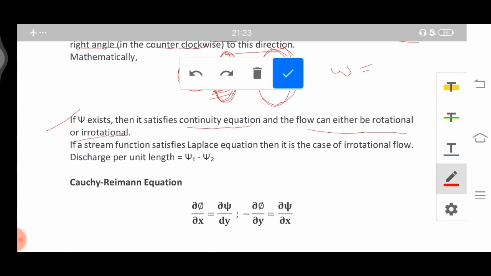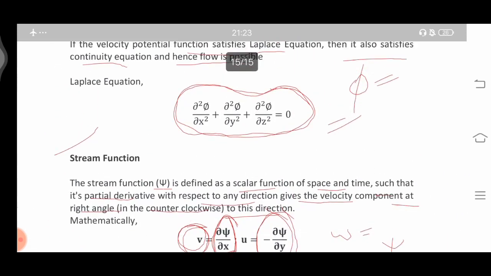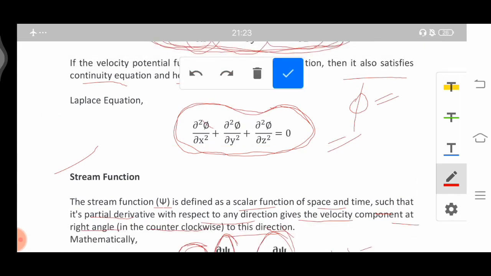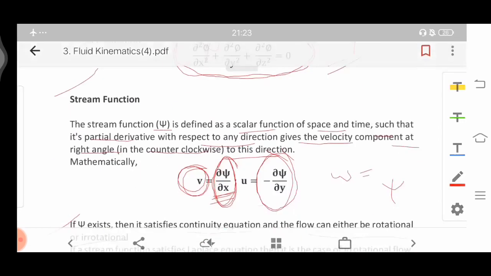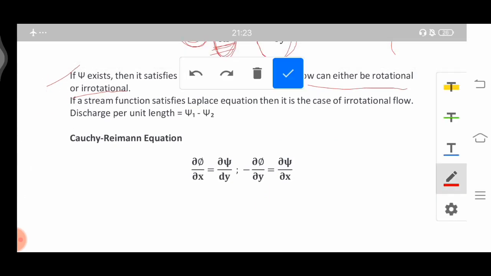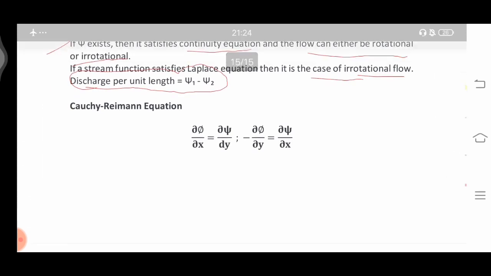So for psi to exist, it should first satisfy the continuity equation like this, in place of phi we will have psi. And if a stream function satisfies the Laplace equation, then in the case of irrotational flow, discharge per unit length will be given by psi1 minus psi2, the stream function at two different positions.